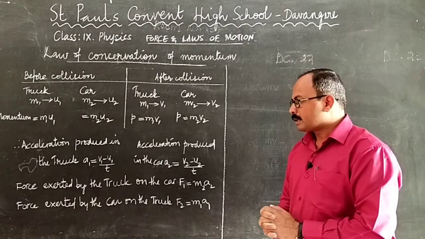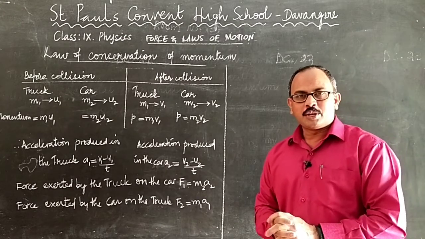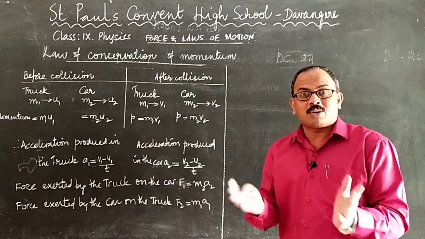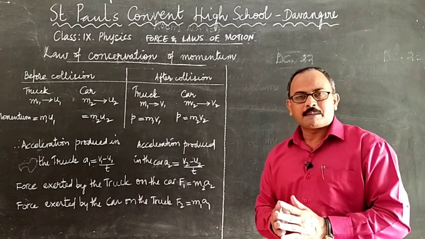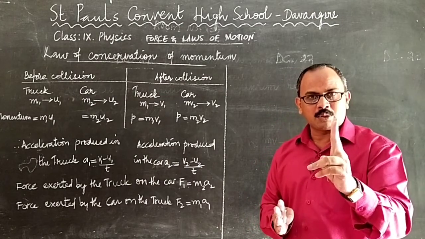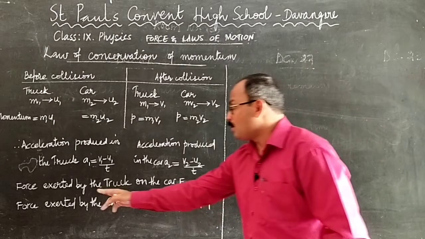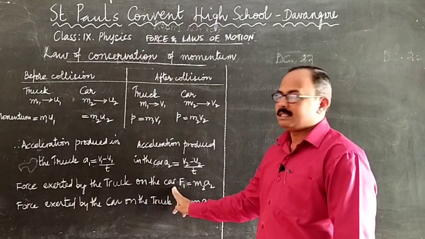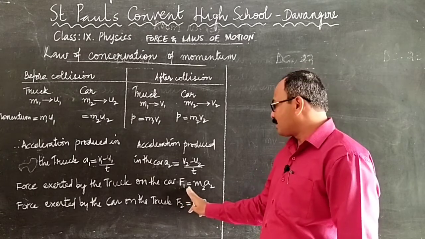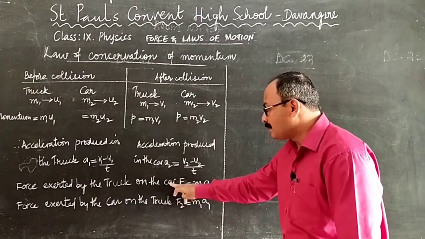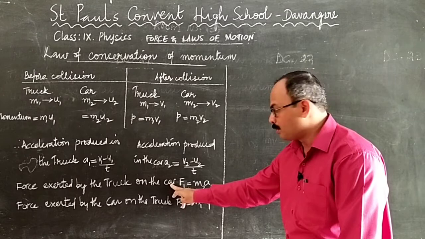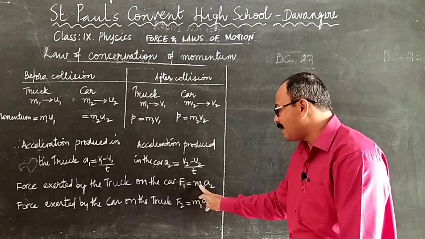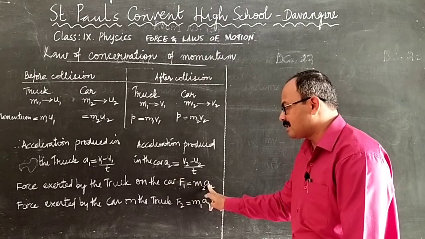Next, as per Newton's second law of motion, see how many concepts come in this. As per Newton's second law, F is equal to m into a. The force exerted by the truck on the car, F1, is equal to the mass of the car times the acceleration of the car.